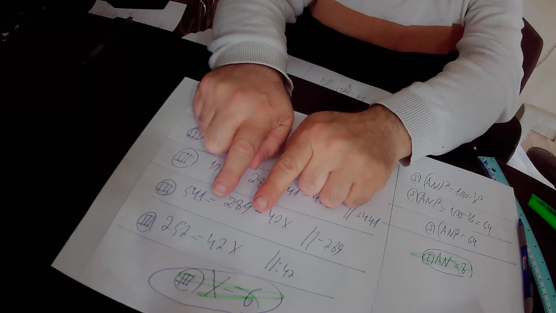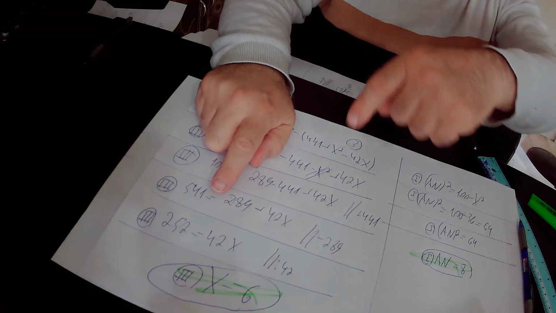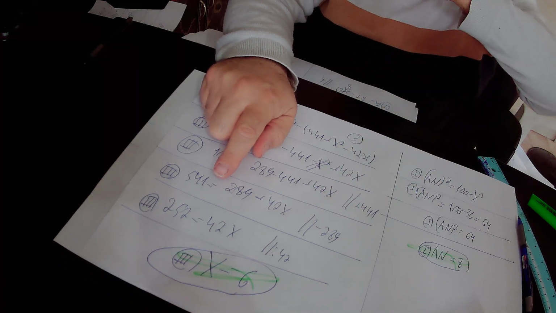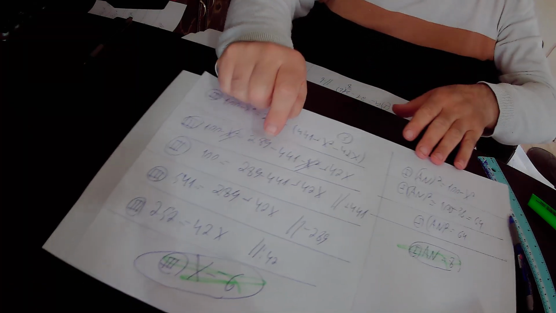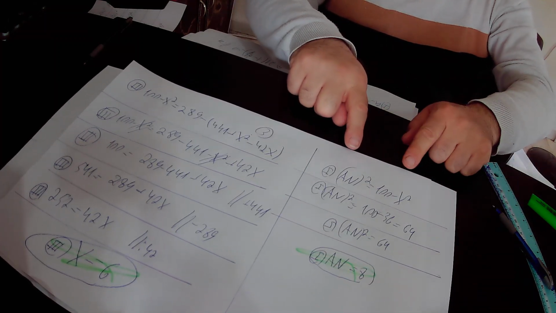Here we divided equation 3 by 42 and finally found out that X equals 252 over 42, which is 6. So X equals 6 units in its length. We turn to equation 1. According to equation 1, we already found out that AN squared equals 100 minus X squared.